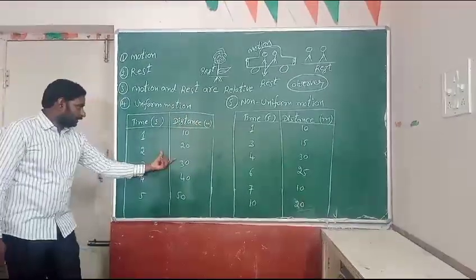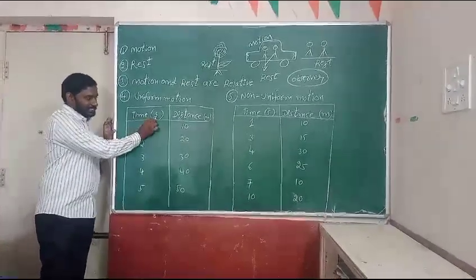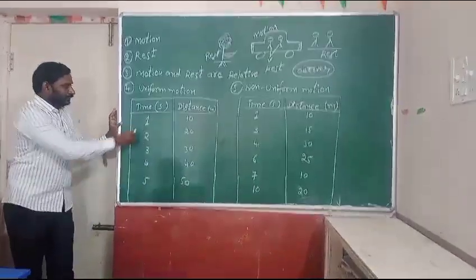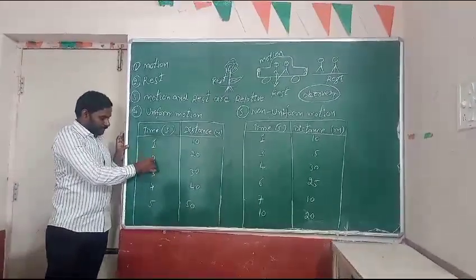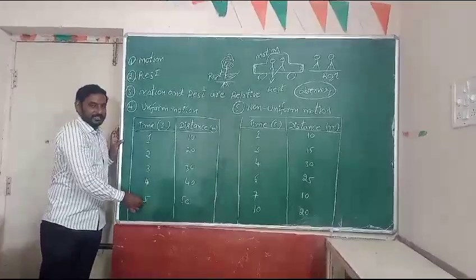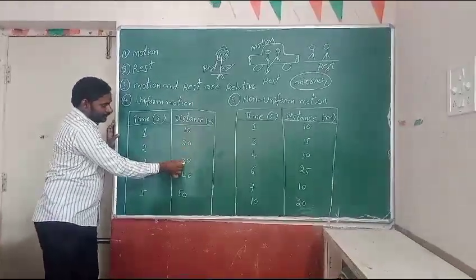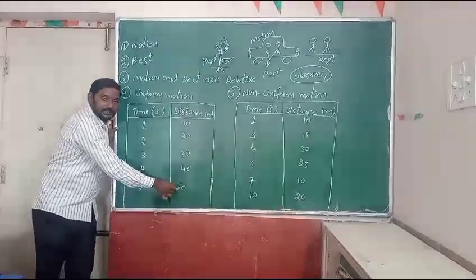For example, observe time in seconds and distance in meters: time 1 second, 2 seconds, 3 seconds, 4 seconds, 5 seconds, and distance 10 meters, 20 meters, 30 meters, 40 meters and 50 meters.